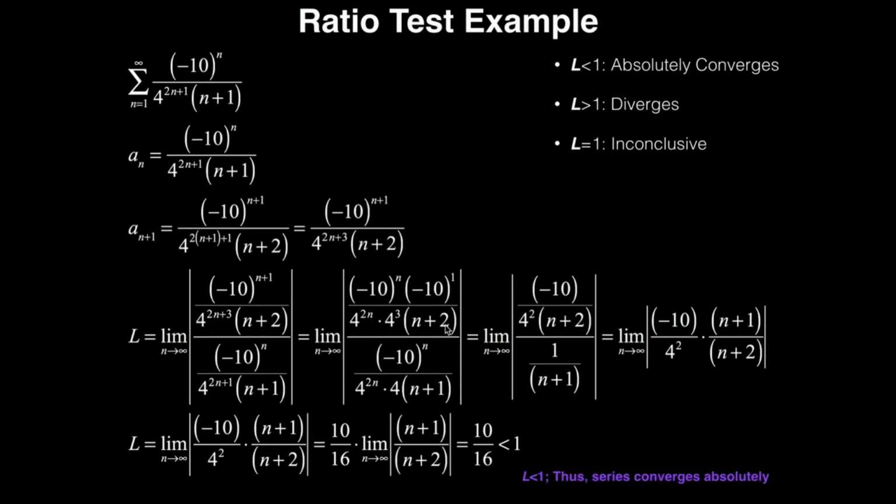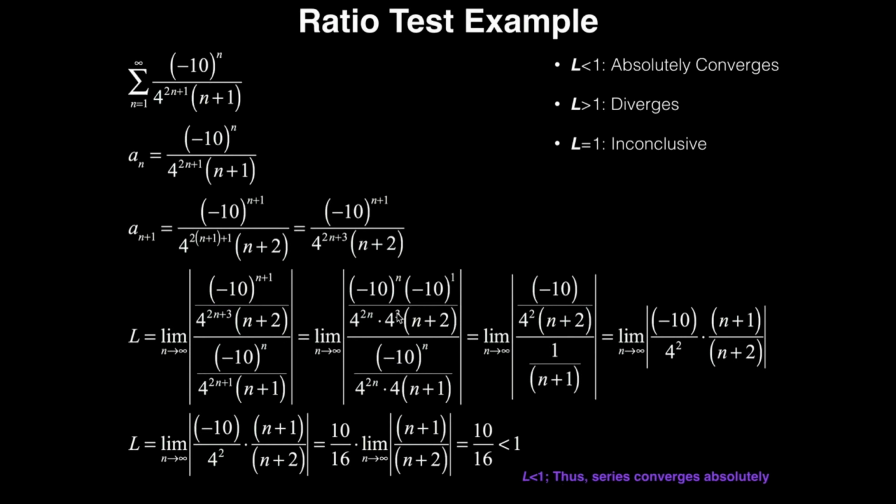All right? Now, not as much to do in the denominator, but we got a little bit of work. This negative 10 to the n doesn't change. I still have n plus 1 there, but notice the 4 to the 2n plus 1, I can break that up also and get 4 to the 2n times 4. All right? Now, a bunch of stuff cancels, which is really nice about the ratio test.